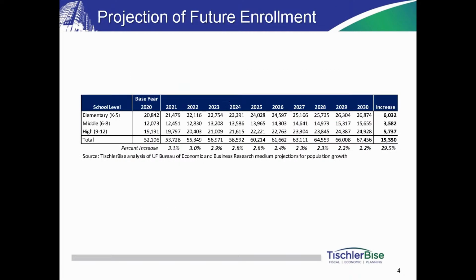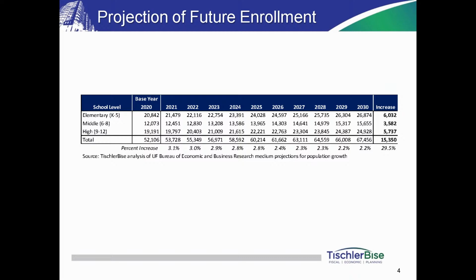As part of the analysis in the beginning, we also have to tell a story. That story is that the school district has grown, that growth has generated the need for additional school capacity, and that growth is going to continue into the future. In order to project future enrollment, we looked at the University of Florida's Bureau of Economic and Business Research, also known as BEBR, projections, and the median projections reflect what's been the trend in the county and what's likely to happen in the future from our perspective.